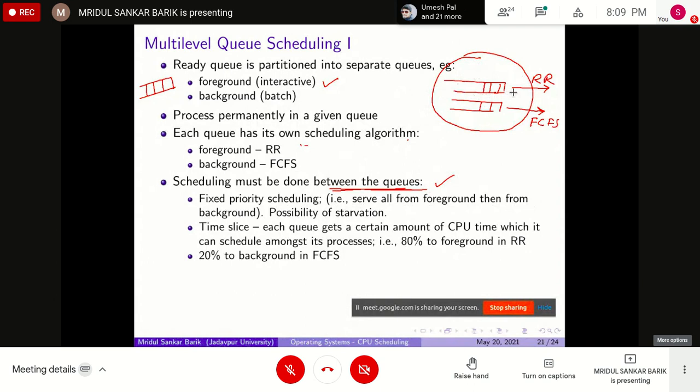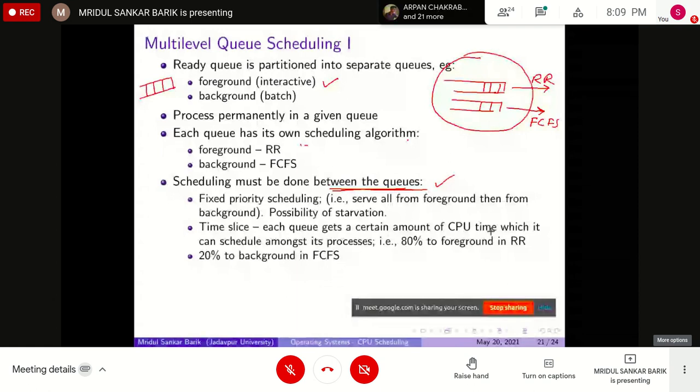When all the processes in the foreground queue have been serviced, then only you schedule processes from the background queue, right? The other option is time slice, where each queue gets a certain amount of CPU time which it can schedule among its processes. So this is fixed priority: first one of the queues is scheduled, and when all its processes finish, then the other queue would be scheduled.